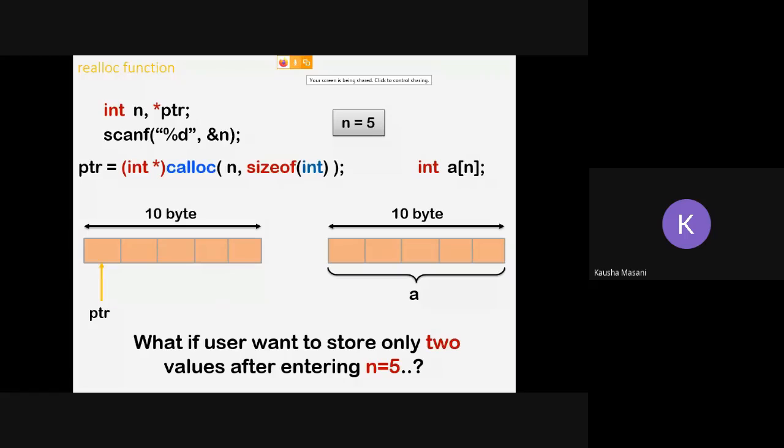Now this is the question that arises: what if the user wants to store only 2 values after entering n equal to 5? Let's take that same example of the school. Initially, my toppers were 5 students.